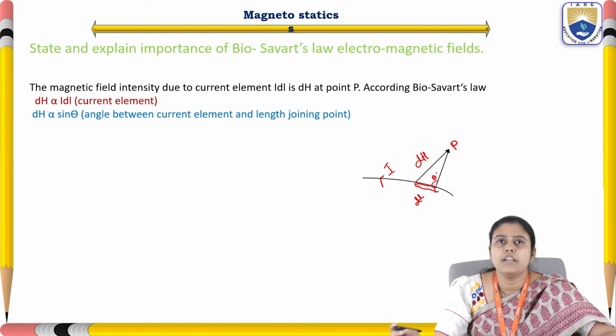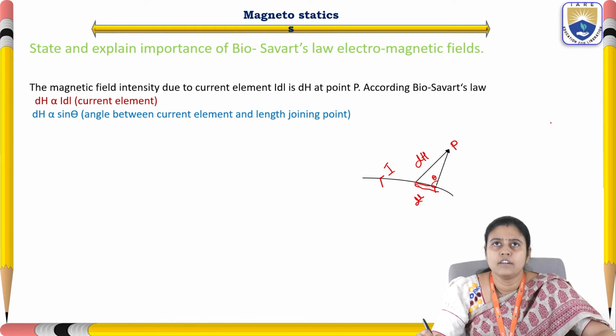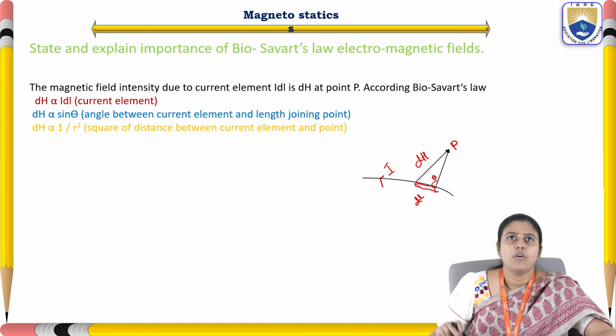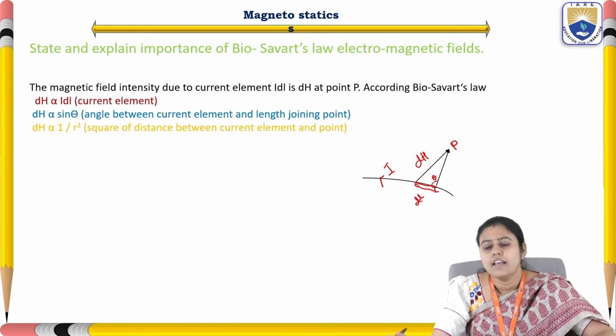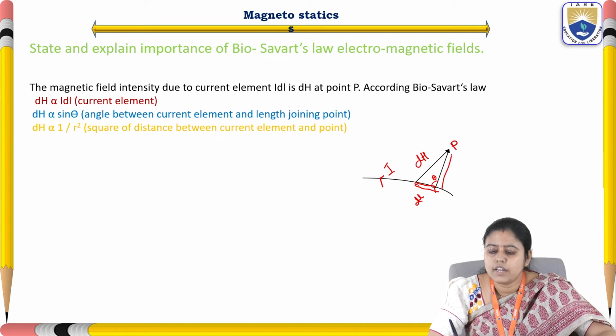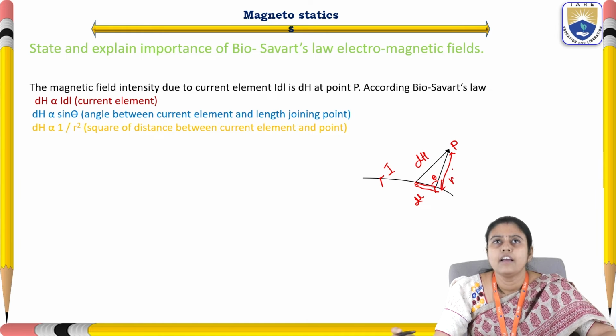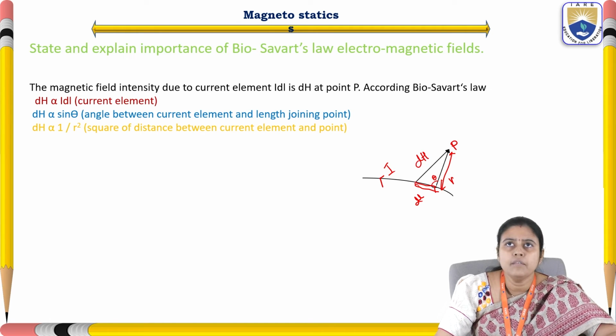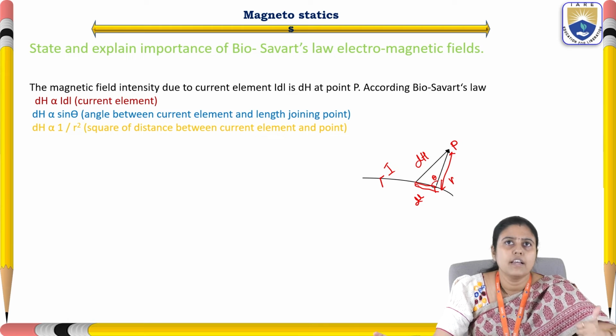As dl is a differential length, we think of this as a point, so we get a sine theta angle. And dH is inversely proportional to the distance r. These are the three things on which Biot-Savart's law depends.